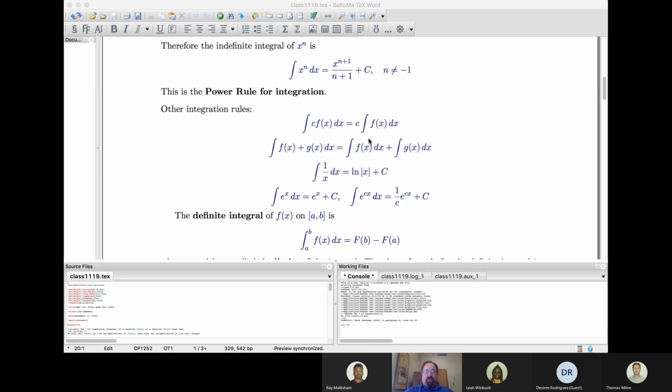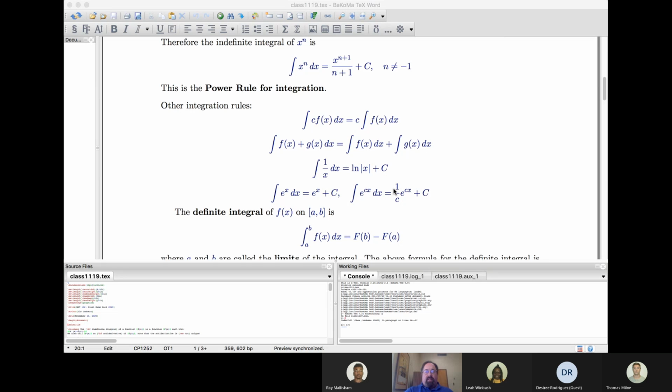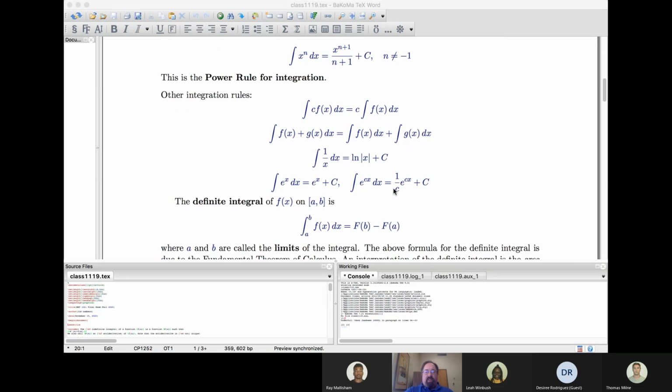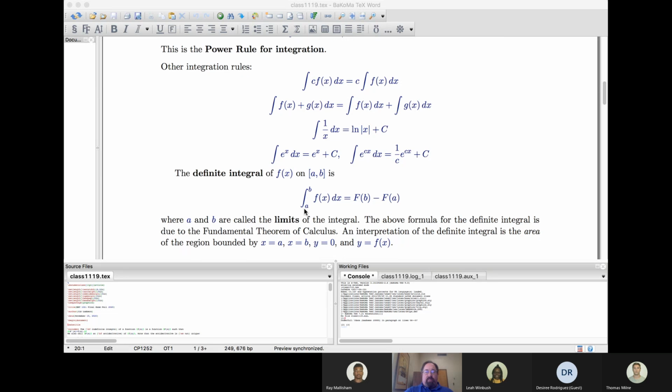So these are the rules that you will use for evaluating indefinite integrals and just getting antiderivatives in general. If you have a definite integral where there are numbers given as the lower and upper limits, you still get an antiderivative using these rules. And once you have it, you substitute the limits in, and so you compute the antiderivative at b minus the antiderivative at a.